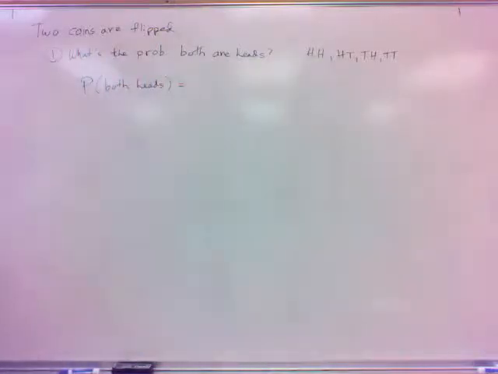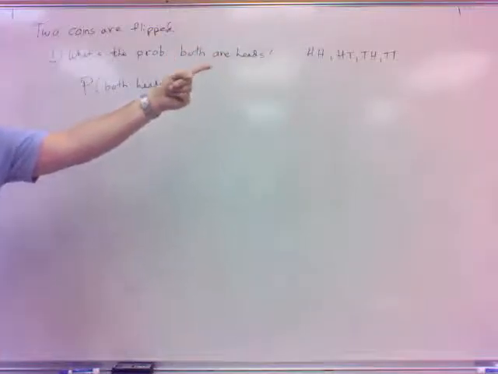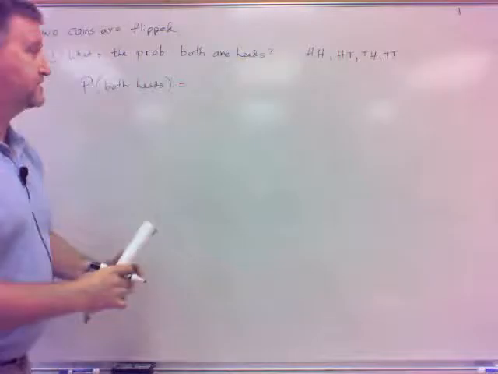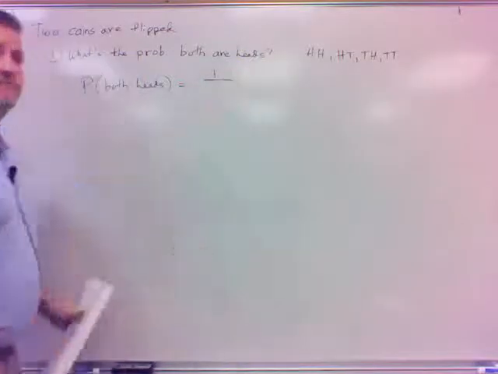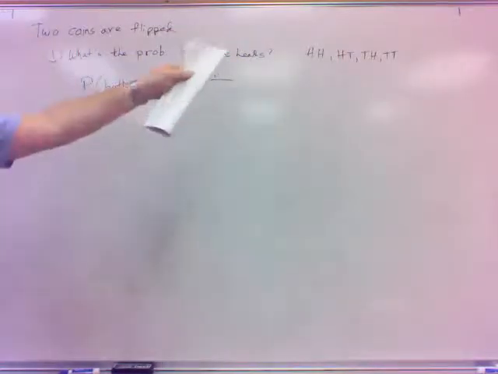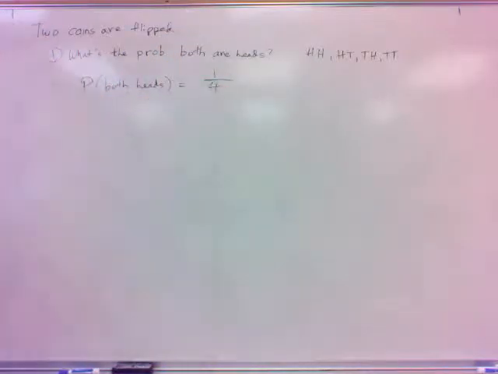Knowing those are the possibilities, how many of them are both heads? There's one of them that's both heads, so that's my top number, out of how many? 1, 2, 3, 4. 1/4. So the probability of both heads is 1/4. Change that to a decimal, it'd be 0.25.